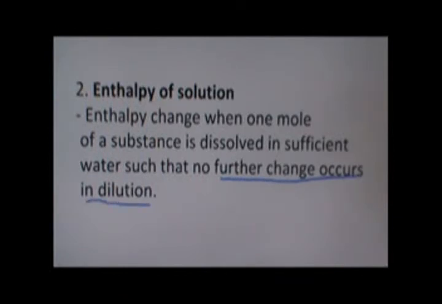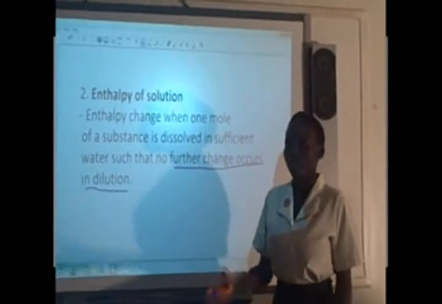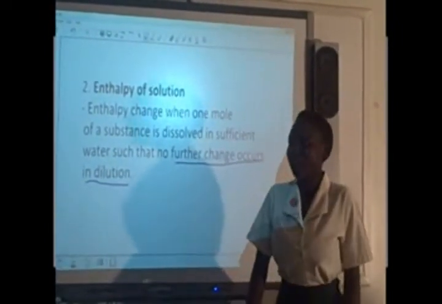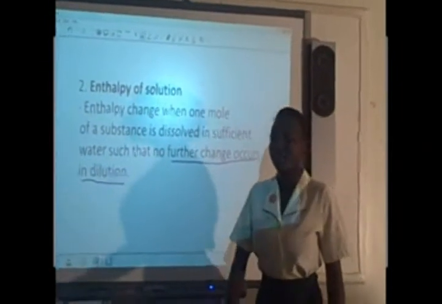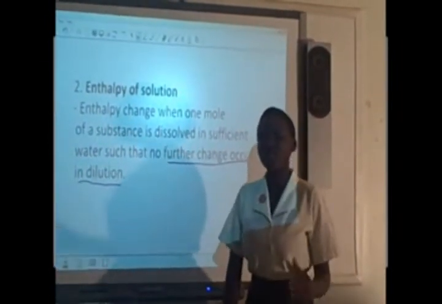That means no further heat change occurs. That means no further bonds are being broken. So enthalpy of solution occurs when 1 mole dissolves in water, and that means bonds are being broken as it's being dissolved. As you've seen with sugar in tea, bonds are being broken.